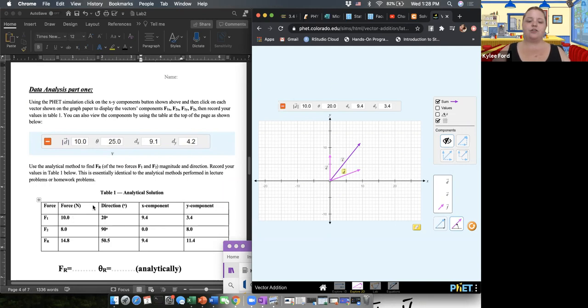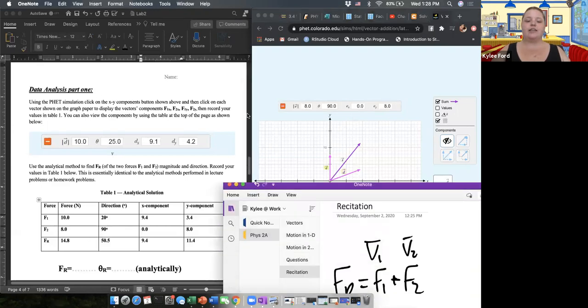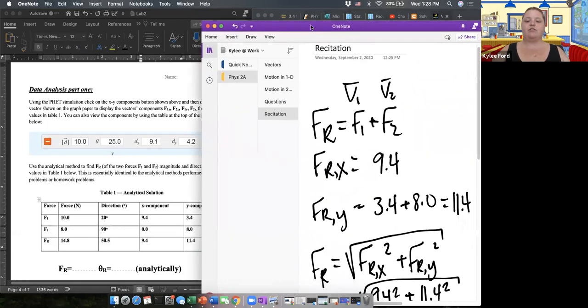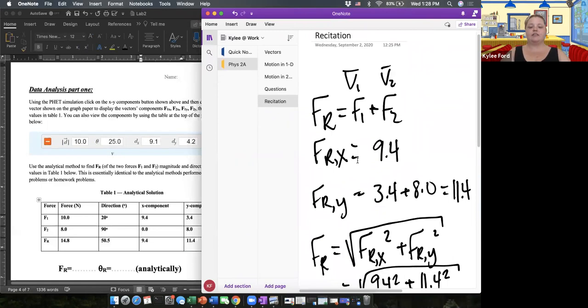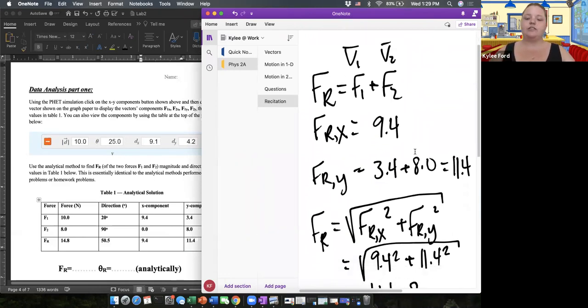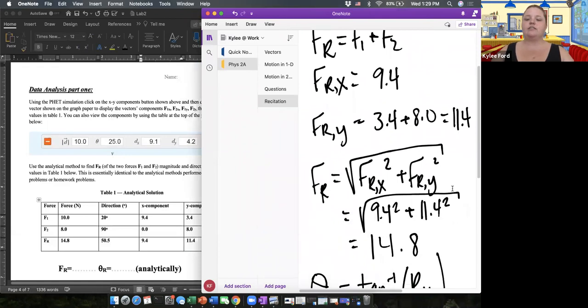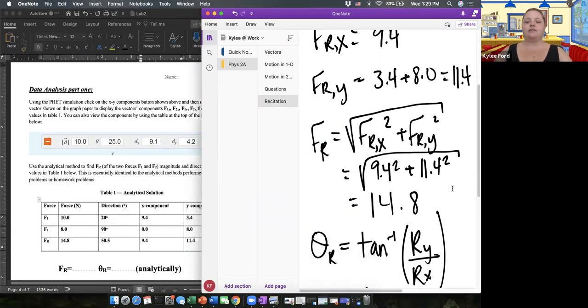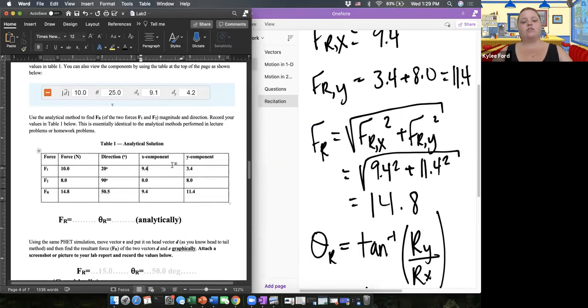My direction was 20 degrees. My X component is here, D sub X, and then my Y component, D sub Y. So I fill all of that out, do the same thing with my other vector here. And then I can start solving for my resultant vector analytically, or mathematically. That's just taking my resultant vector, breaking it down into its X and Y components, and then adding those together, as you can see here. So that's all of this part.